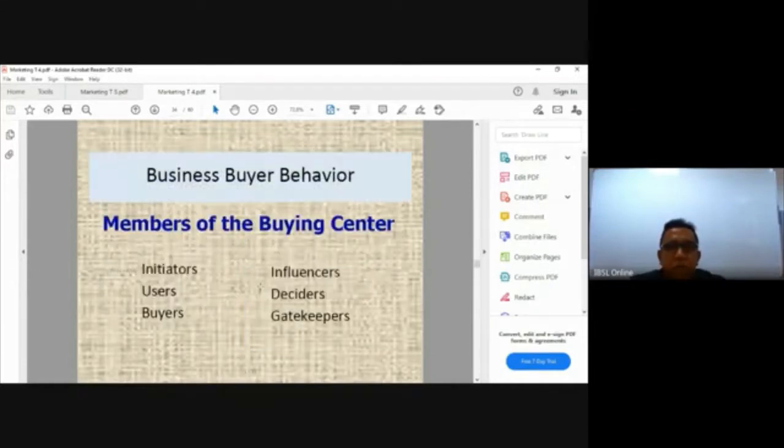Like family roles, in business buying I said there are additional roles like gatekeepers, who are blocking the information and giving a different perspective to the decision. They are called gatekeepers.